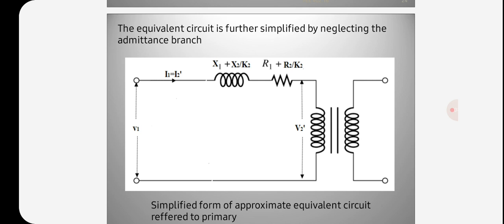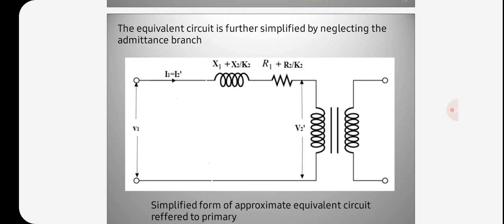The approximate equivalent circuit can be further simplified by transferring the voltage, current, and impedance to either the primary side or the secondary side. In this equivalent circuit referred to primary, if all the secondary quantities are transferred to the primary side, we get the equivalent circuit of a transformer referred to primary.